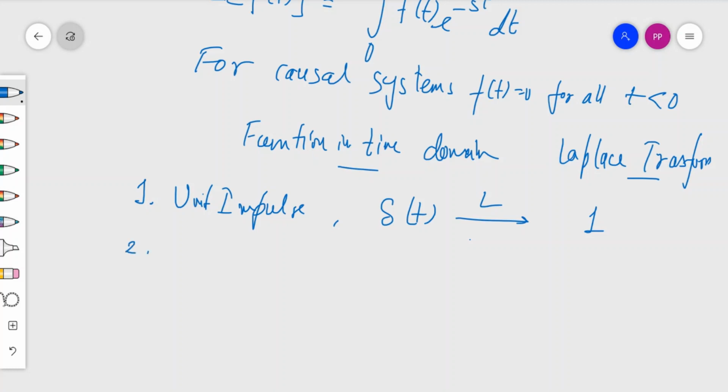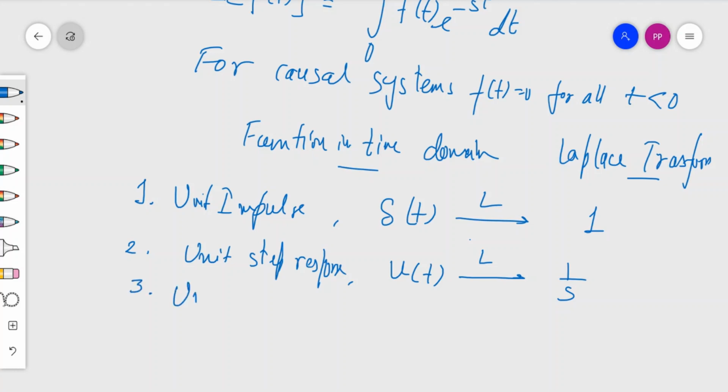The second is the unit step function. You generally represent it by u(t). However, the symbol u(t) is used in the control domain as the control input to the system. You take the Laplace transform and its value is 1 by s.